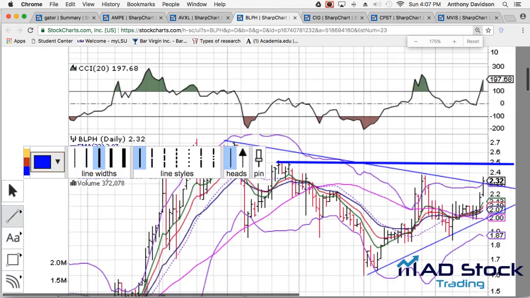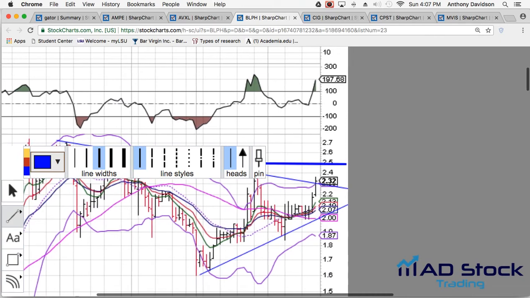Let me zoom in. So right here and right there, these two outer lines are the Bollinger Bands. Right now, when they start pointing in the opposite directions, and the trend line, and we are on the upper end.